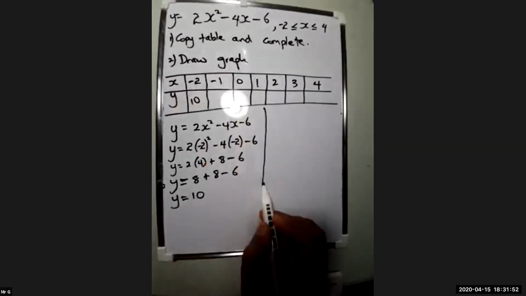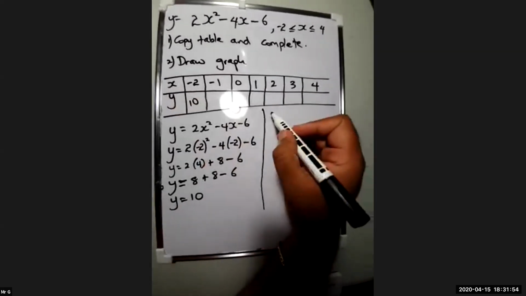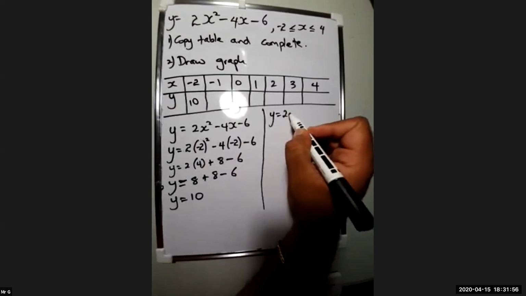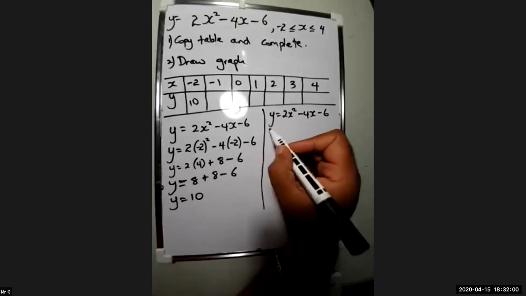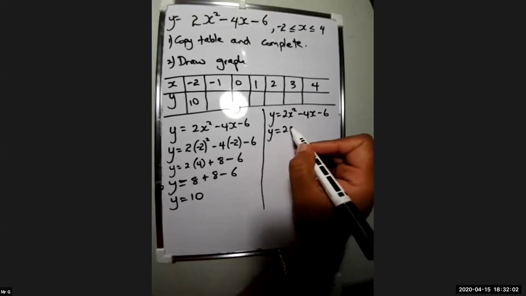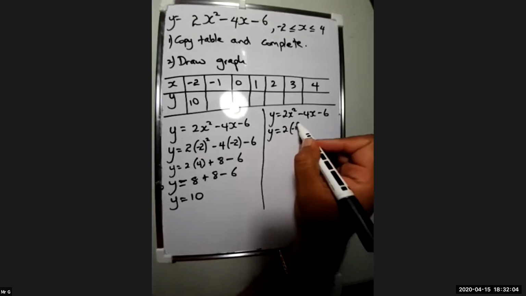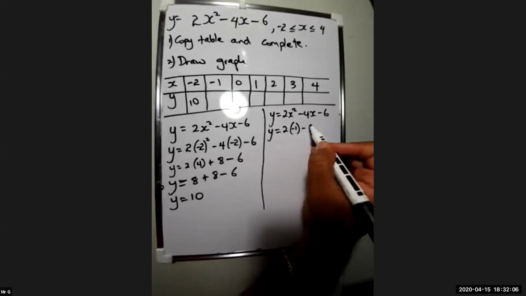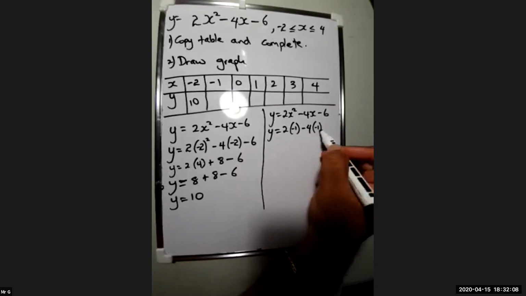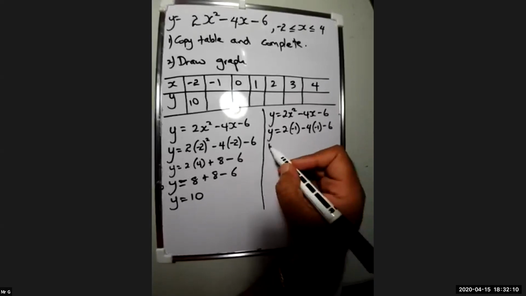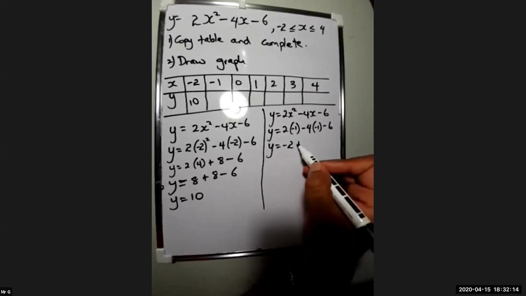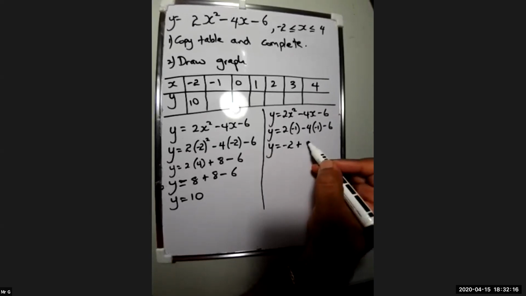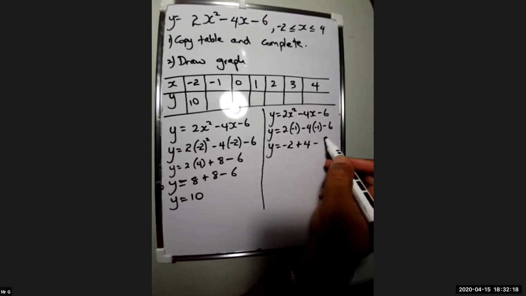With respect to the second one, y is equal to 2x squared minus 4x minus 6. So y is equal to 2 into negative 1 minus 4 into negative 1 minus 6. So y is equal to negative 2. A minus and a minus is a plus. 4 by 1 is 4, minus 6.